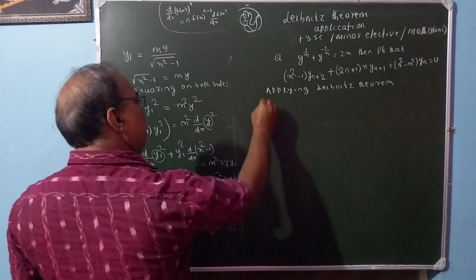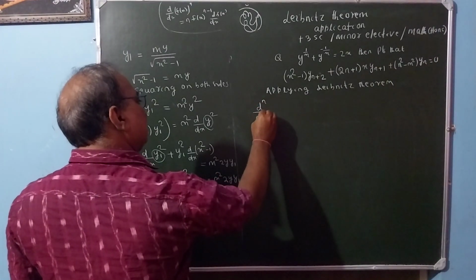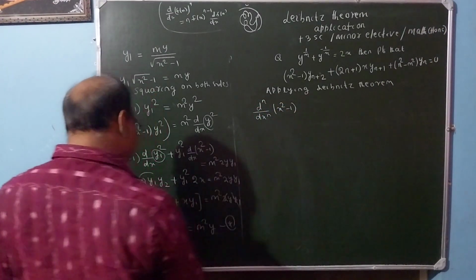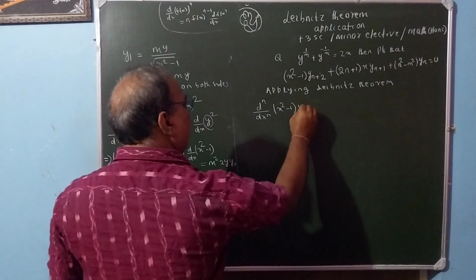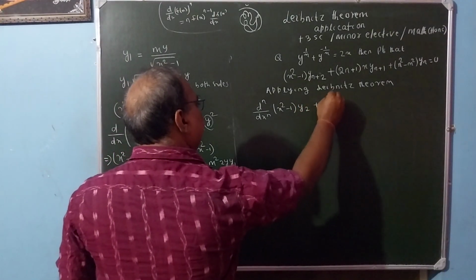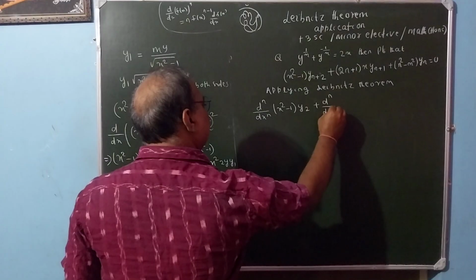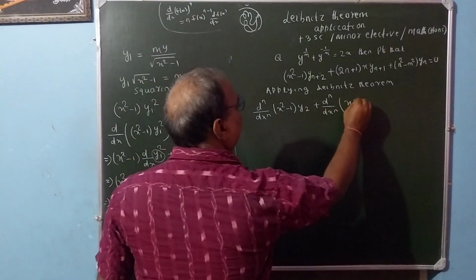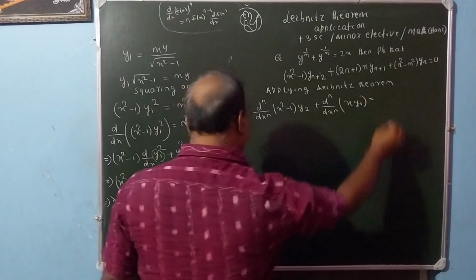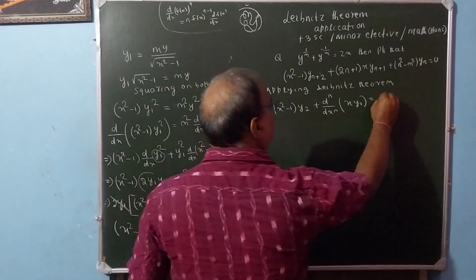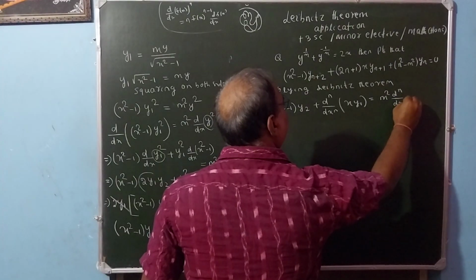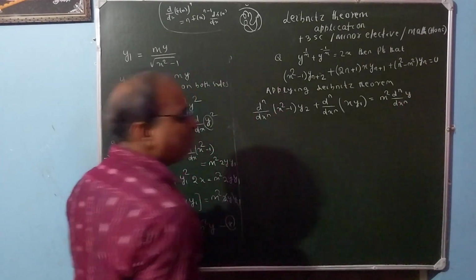So d to the power n by dx to the power n of x square minus 1 into y2 plus d to the power n by dx to the power n of xy1 is equal to m square d to the power n by dx to the power n of y.